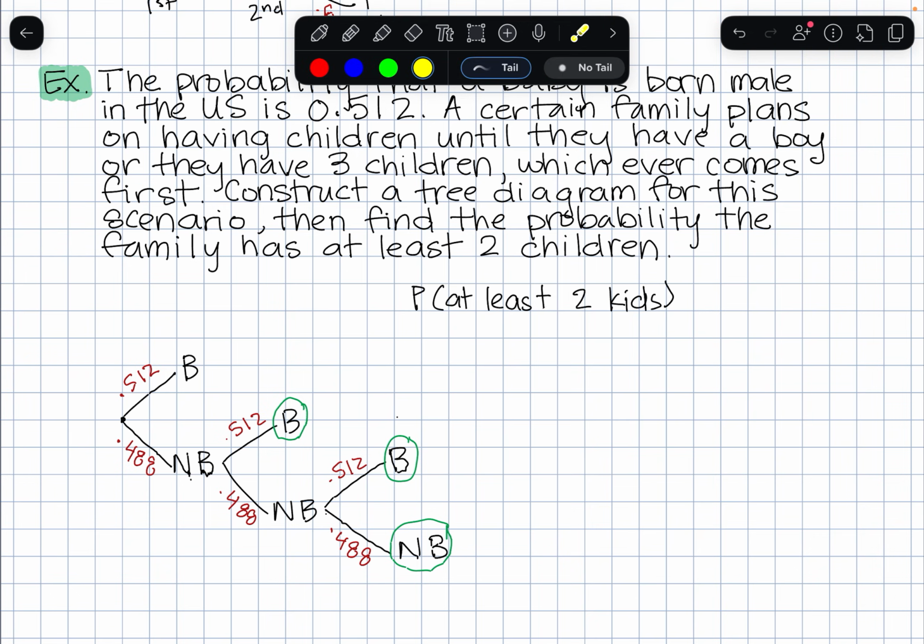So the probability of having a not boy and then a boy is just 0.488 times 0.512, and then plus, and then I have this outcome, which is 0.488, 0.488, 0.512.